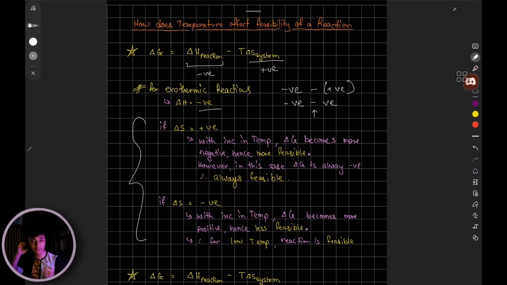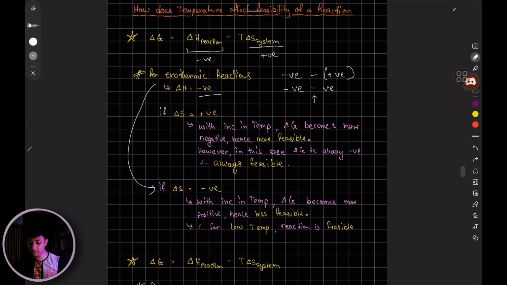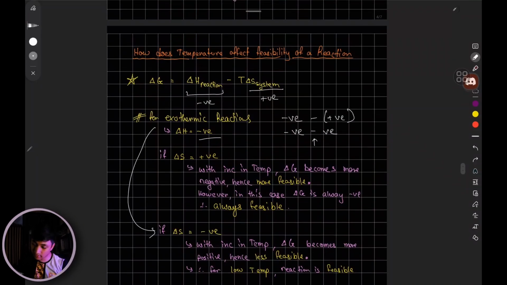So in case of exothermic reaction, if your change in entropy is positive, it's always feasible. Next case, if it is exothermic, but your change in entropy is negative, what happens in that case? So, if your change in entropy is negative, this part of the value is negative.